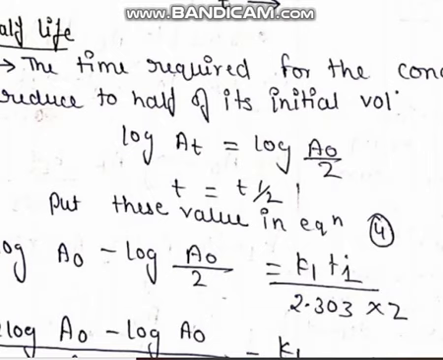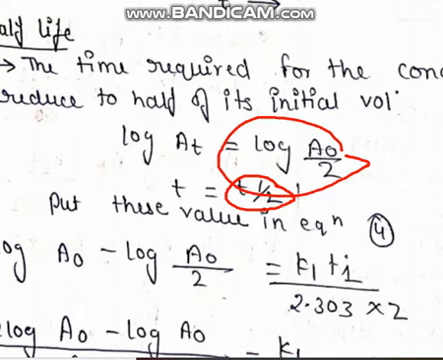Half time is the time required for the concentration of the reactant to reduce to half of its initial concentration. Here At is replaced by A0 upon 2 and time is replaced by t half.